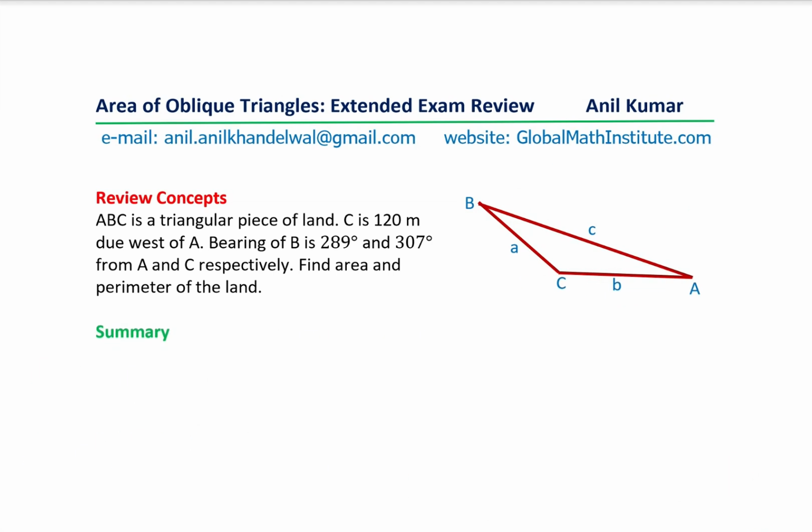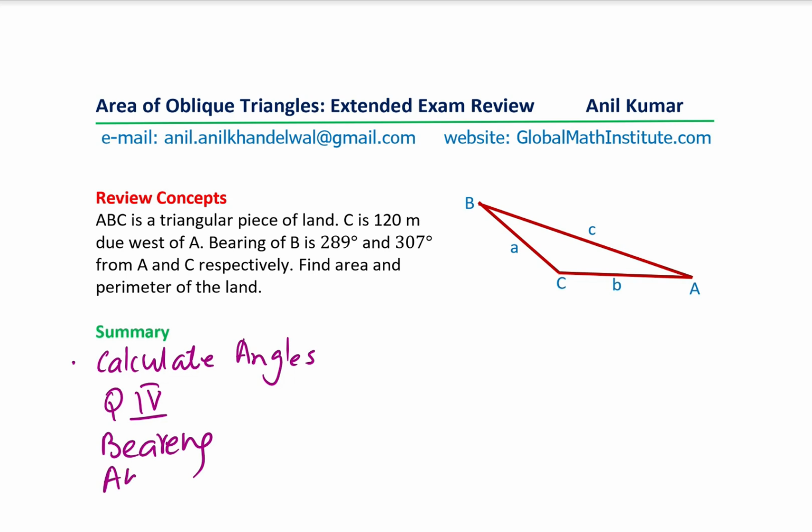In this case, whenever you have a problem like this, first step is to calculate the angles. Remember, if you are in quadrant 4, then bearing angle minus 270 degrees is a key. Correct? Second step is apply sine law. Find sides.